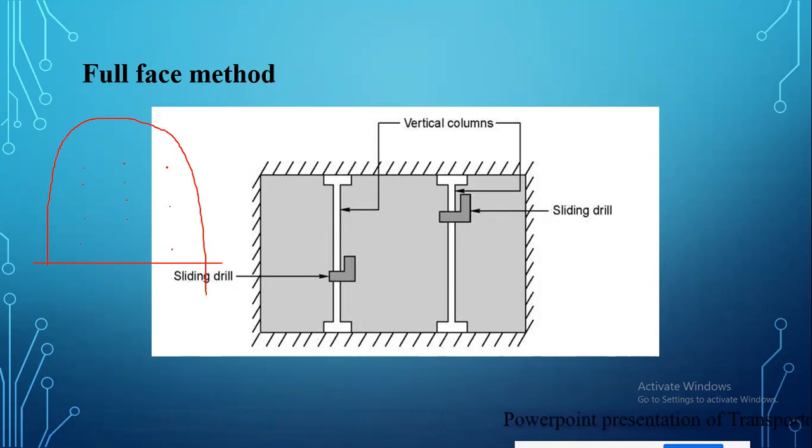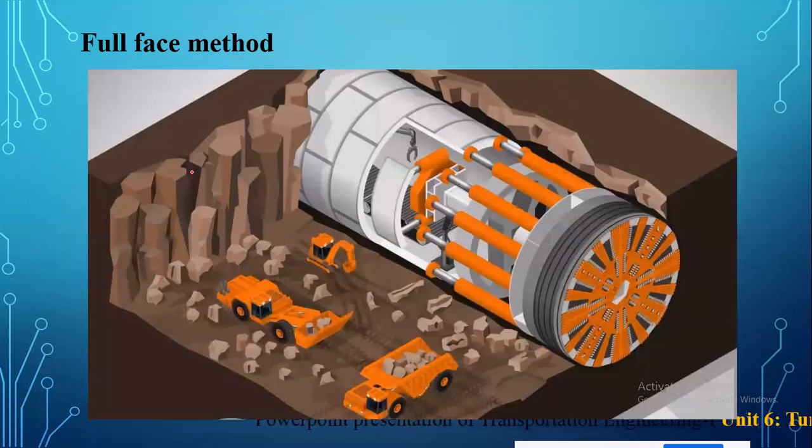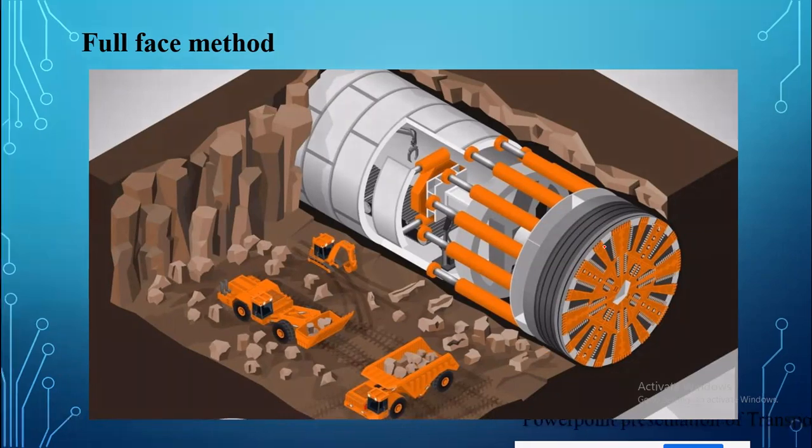The best example of this full face method is the tunnel boring machine, in which the entire process is carried out directly without any kind of error. It has greater efficiency as compared to the other methods, but it also has certain restrictions, as the cost of hiring the equipment goes on increasing.